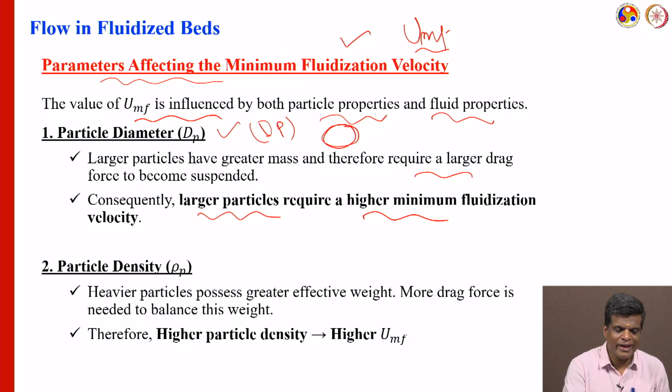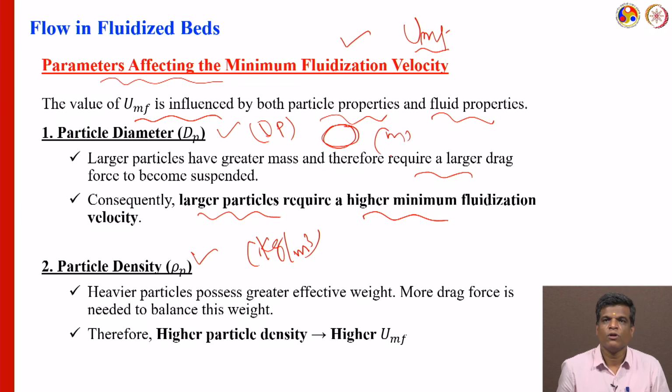Then the next parameter affecting the minimum fluidization velocity is the particle density. The first one is the diameter, then the density. Density we write in kg per meter cube, and the diameter in meter. A heavier particle always has a greater effective weight, so we need more drag force to balance this weight.